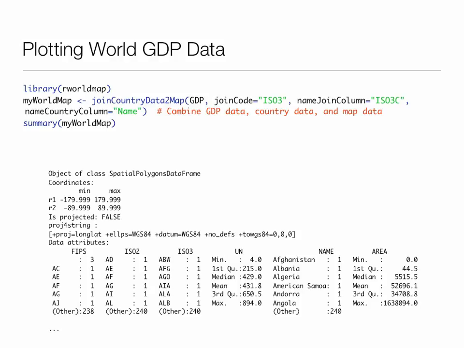So when we create this, it's an interesting object because, you can't really see it here, but when you summarize it, it does have GDP in it. But it's also got all sorts of data for the country polygons that we're about to draw, including things like their area. Okay.